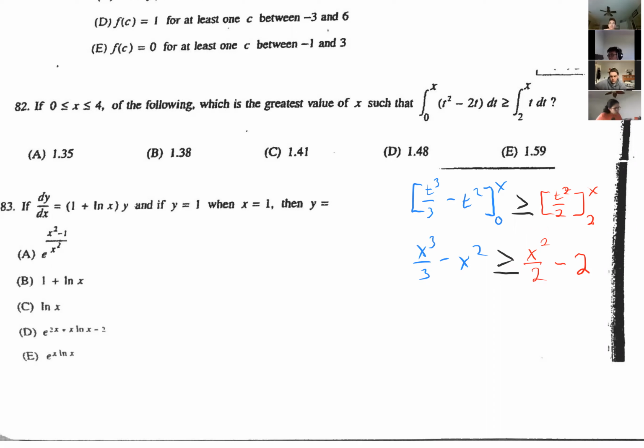So let's see if it works for 1.41. So 1.41, when I cube that, divided by 3 minus 1.41 squared. And then I'm going to do 1.41 squared divided by 2, and then minus 2. So the number I get in blue is no longer bigger.